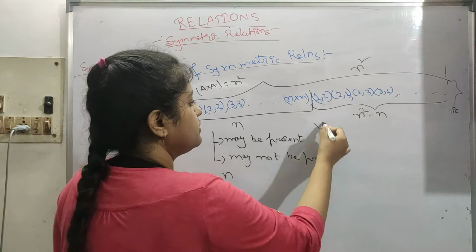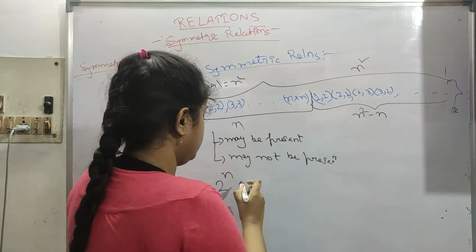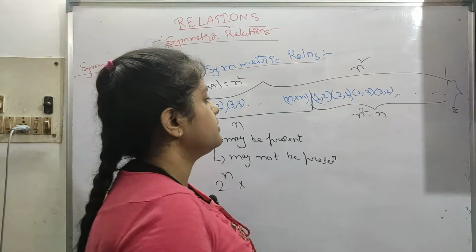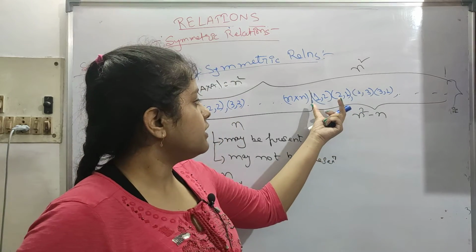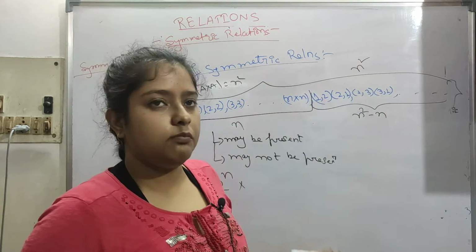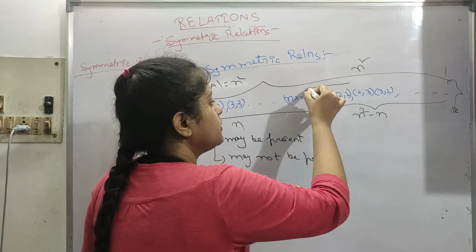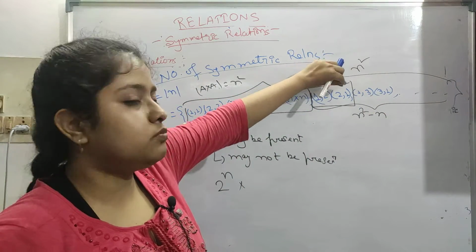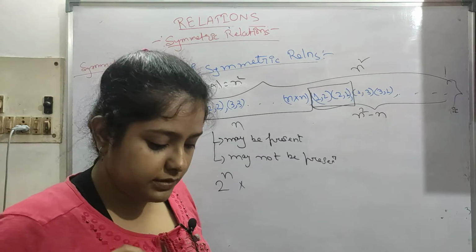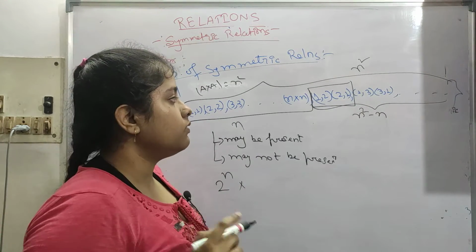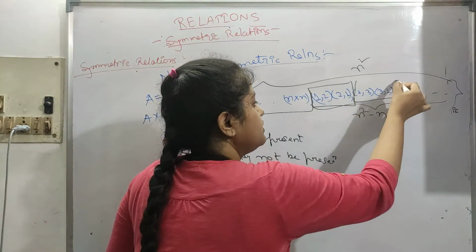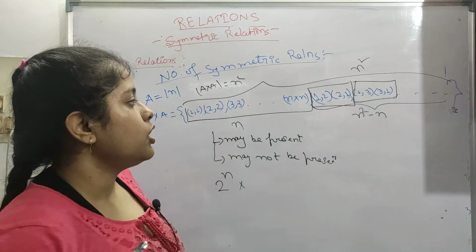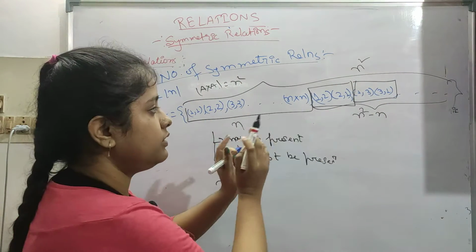And now let's see the other part. We cannot just take a single element; we have to make groups. If 1 2 is present, 2 1 has to be present. That is our basic symmetric relation law. If 1 3 is present, 3 1 has to be present. Like this we are grouping everything into 2.